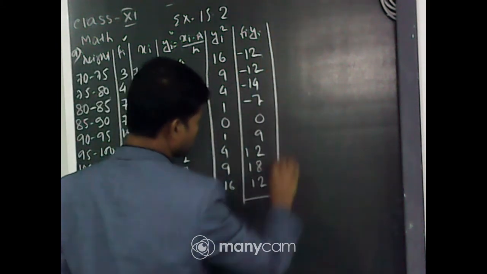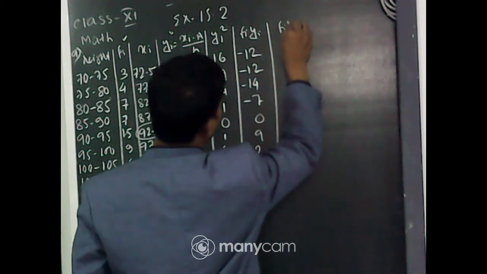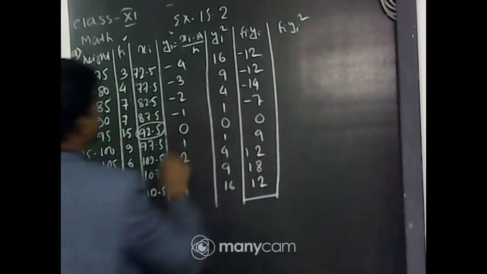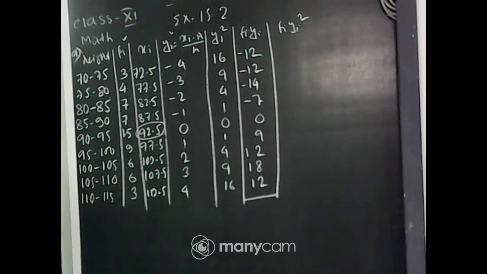Now, fi yi square means multiply the element of fi to the corresponding element of yi square.